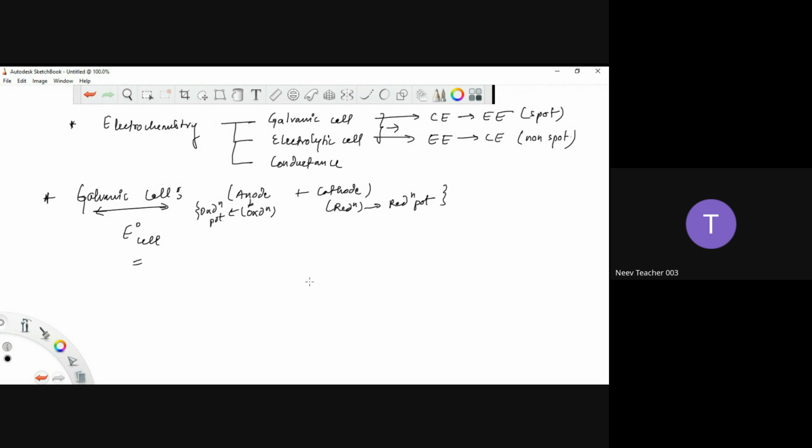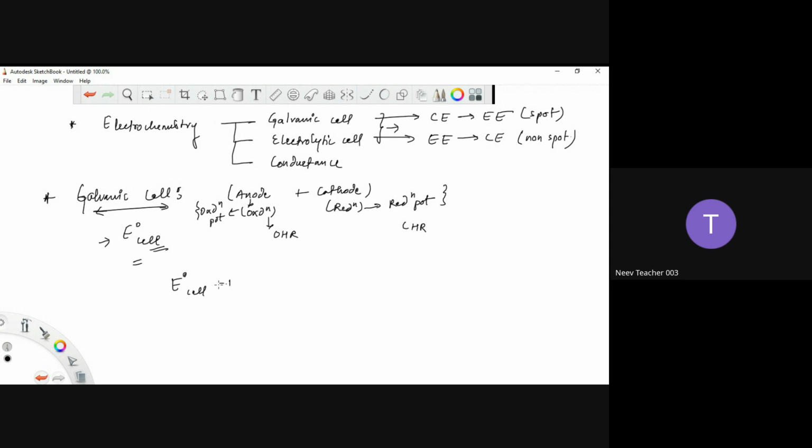So when you talk about anode and cathode combination, these are basically what? These are basically the half cell reactions, oxidation half reaction and reduction half reaction. They both combine to form a complete cell, electrochemical cell, right? And for that cell, how are you going to find the E cell? So that is E naught cell will be what?